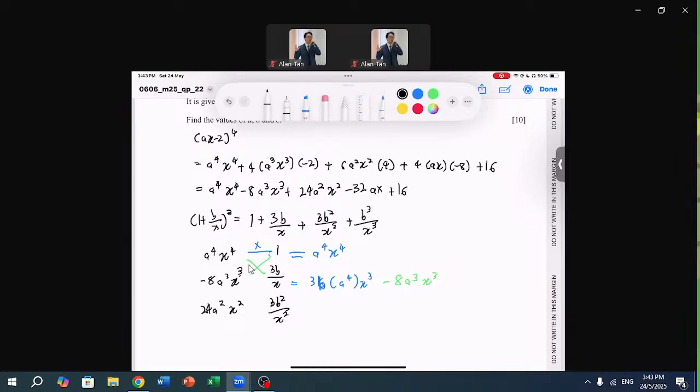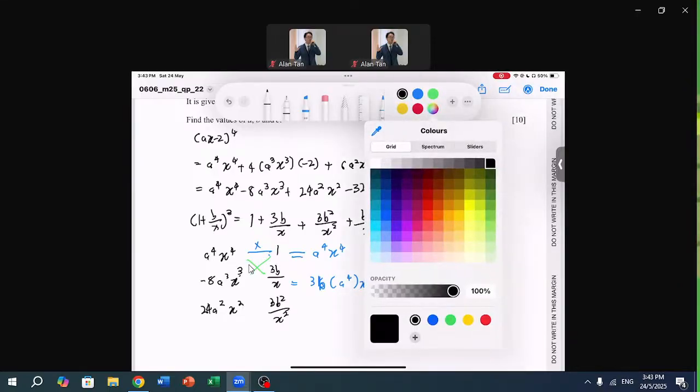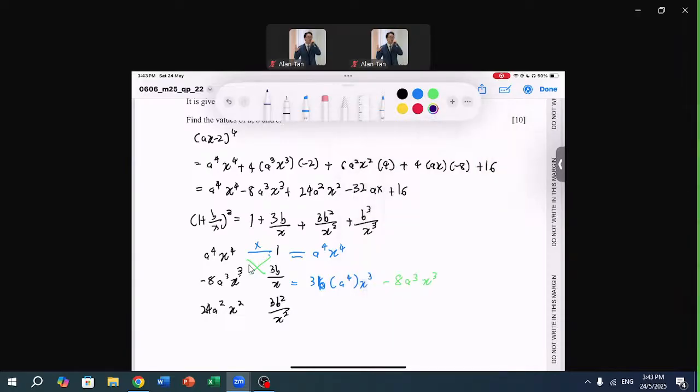And next, for the last one, I'm gonna use something probably darker here. We have for this one, a power 4, x power 4 times x squared. We also have negative 8a cubed x cubed multiplied by 3b over x, and then for a squared x squared times 1.